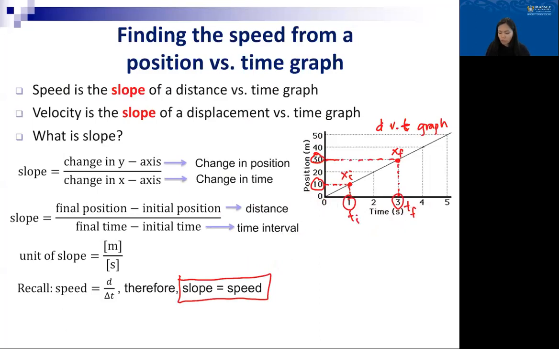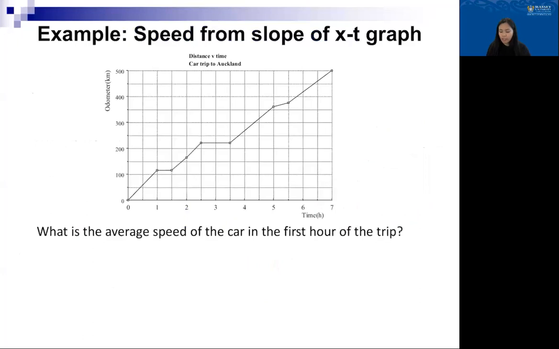Okay, so if we go back to this graph and you wanted to find what's our average speed in the first hour of the trip, how do we figure out the average speed of the car in the first hour of the trip? We need to therefore get the slope of this graph in the first hour of the trip.